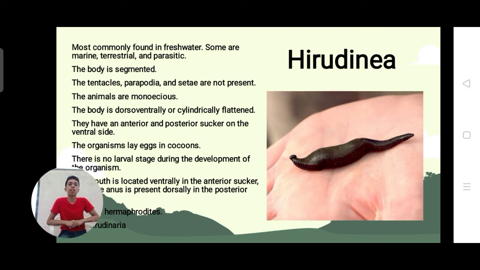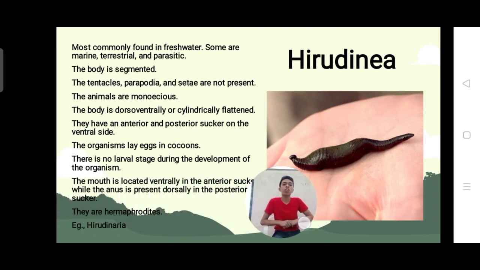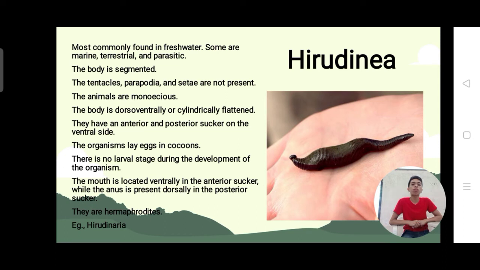Next is the Hirudinea. Hirudinea are most commonly found in fresh water. Some are marine, terrestrial, and parasitic. The body is also segmented. The tentacles, parapodia, and setae are not present. The body is dorso-ventrally flattened. There are anterior and posterior suckers on the ventral side.